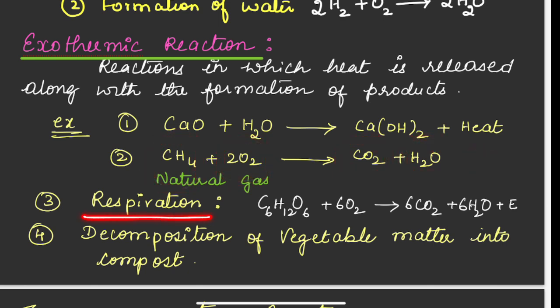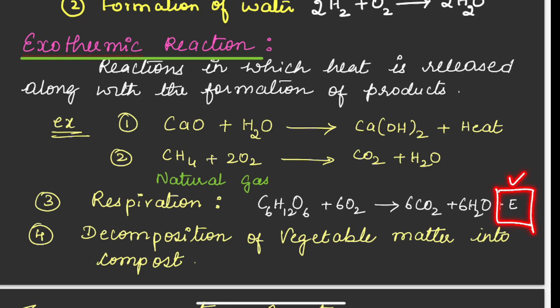And third example is respiration. During respiration, what is going to happen? You can see glucose, C6H12O6, is called glucose. Glucose will be reacting with oxygen, and as a result you can see the formation of products carbon dioxide and water. Along with this, energy is liberated in the form of heat.